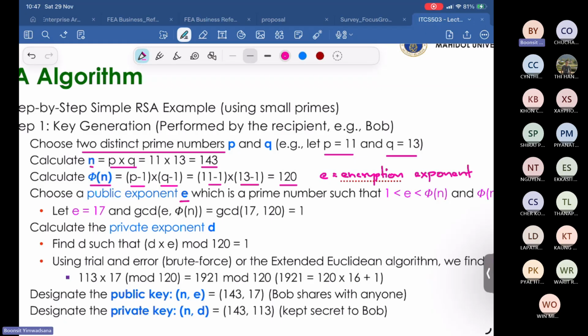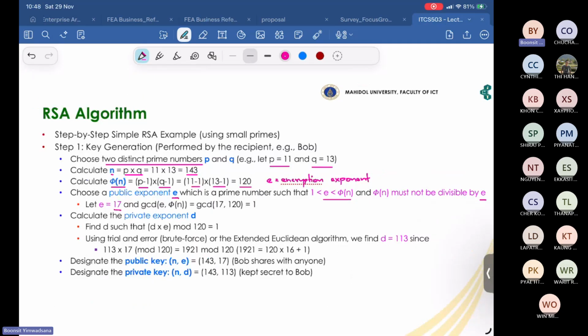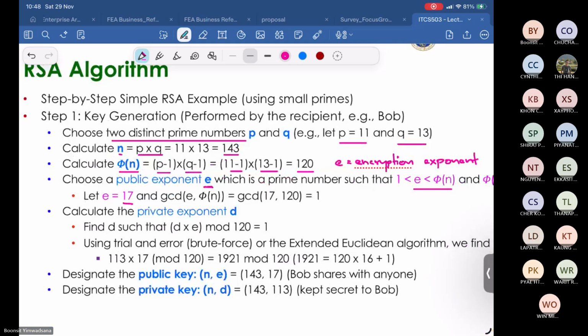This exponent is chosen arbitrarily, meaning that you can select any E. So in this case, we choose E equal to 17, with a constraint that E must be less than phi n, and phi n must not be divisible by E. So usually E is taken to be a very large prime number that is less than phi n. We will let E equal 17. We test it and find that the GCD, or the greatest common divisor, between 17 and 120 is 1. So this checks. And then we create the decryption exponent.